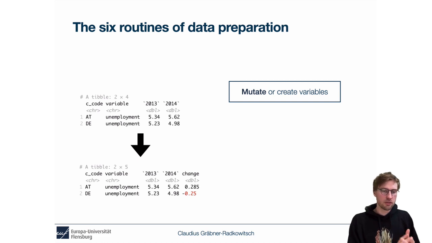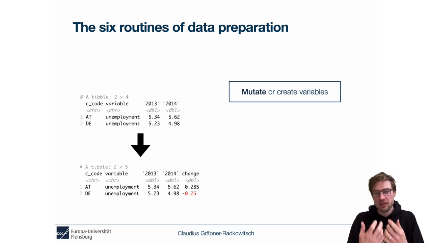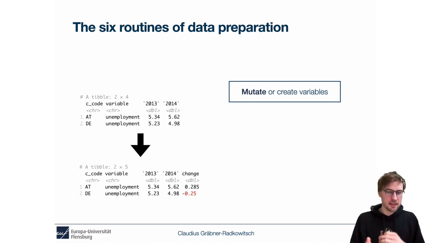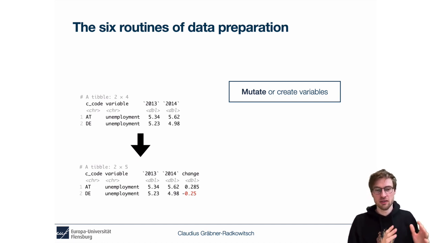So it's usually not a good idea to start with a messy data set, make it tidy when you already know that you need to compute some variables for which you need to have the data set in a form that's not itself tidy. It's important that the data set is tidy in the very end, but intermediate steps might require a data set in a different form, as it's the case here. So to compute the change, you need to have the columns referring to the different points of time.